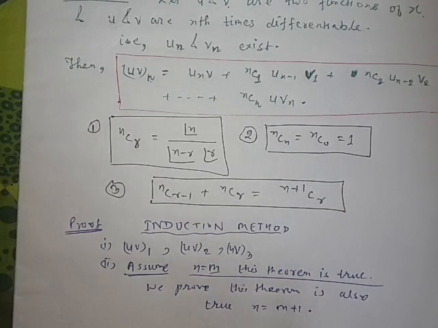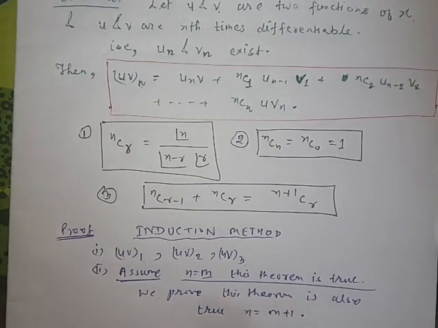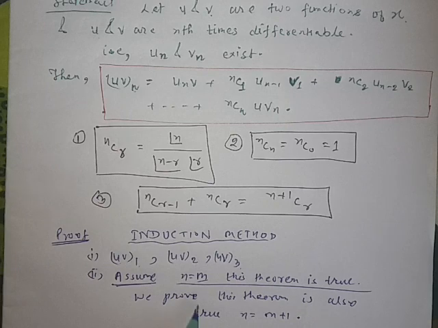Then the theorem is proved. First we prove that (uv)_1, (uv)_2 and (uv)_3 satisfy this theorem, and after that we assume that for n equal to m this theorem is true. Then if we are able to prove that this theorem is also true for n equal to m plus 1, then we are done.